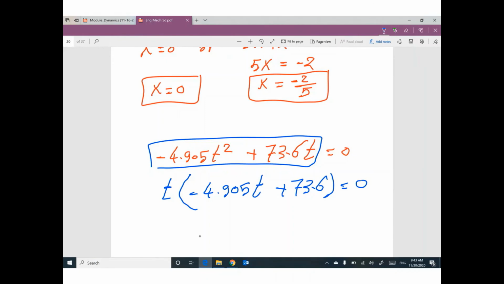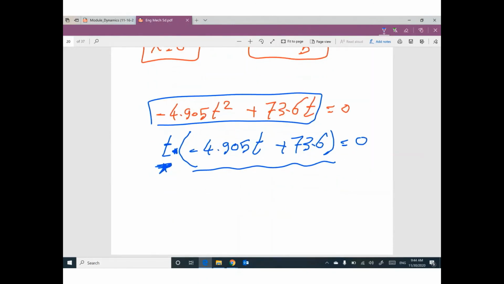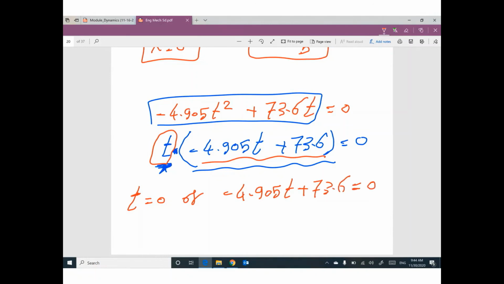We have two terms. This term times this term equals 0, so one of them must equal 0. I will assume the first term, t, equals 0, or the second term, -4.905 t plus 73.6 equals 0. Go ahead and solve this one. I believe that t will be the only unknown. It will be positive 73.6 divided by 4.905.